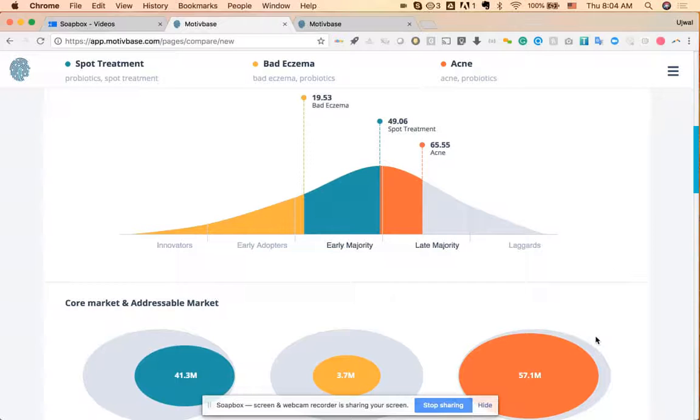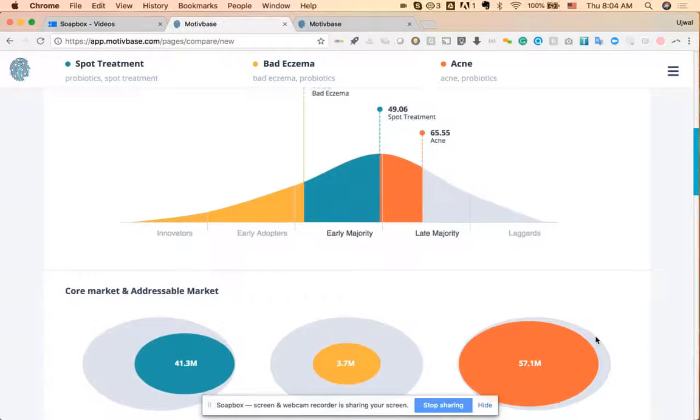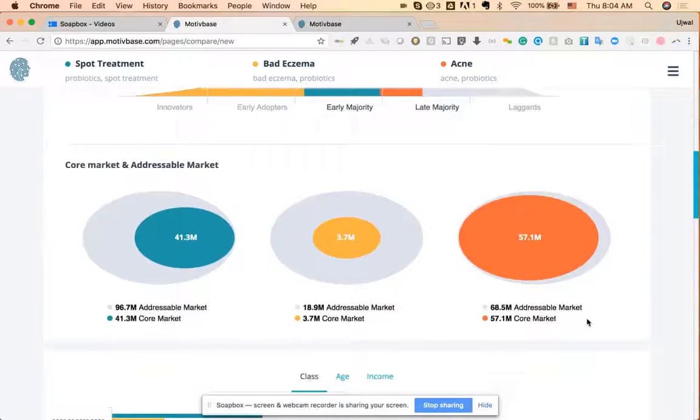Straight away, it makes us eliminate bad eczema. It seems to be the smallest, both in terms of maturity and in terms of future market potential, addressable market, just 20 million. However, there certainly seem to be lucrative opportunities both on the spot treatment and the acne side, and certainly one could do a deeper examination of both because they could be related to one another.